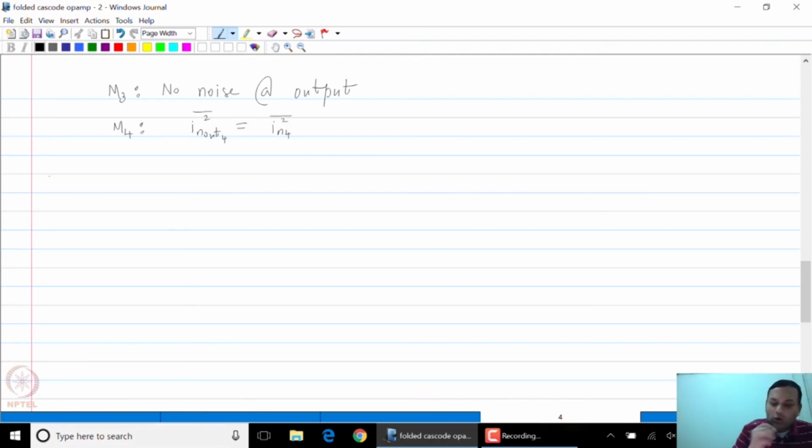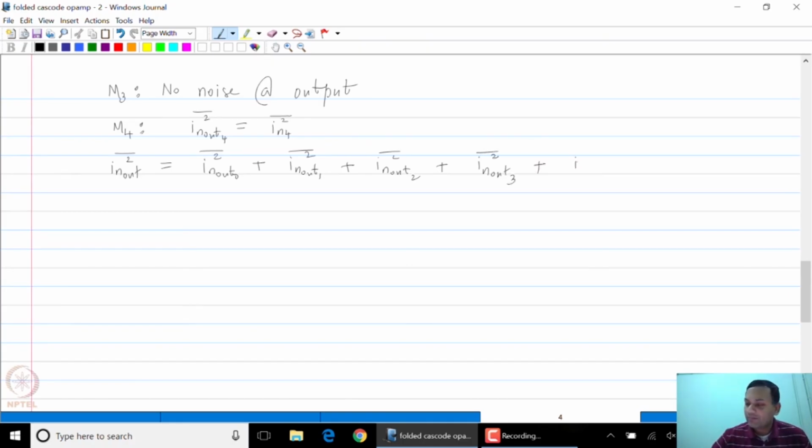So therefore, the total output short circuit noise, which I'll call IN out squared, is going to be IN out 0 squared plus IN out 1 squared plus IN out 2 squared. Remember, I have 5 noise sources. I need to calculate the effective short circuit current and add the root mean squared value for all 5 of them.